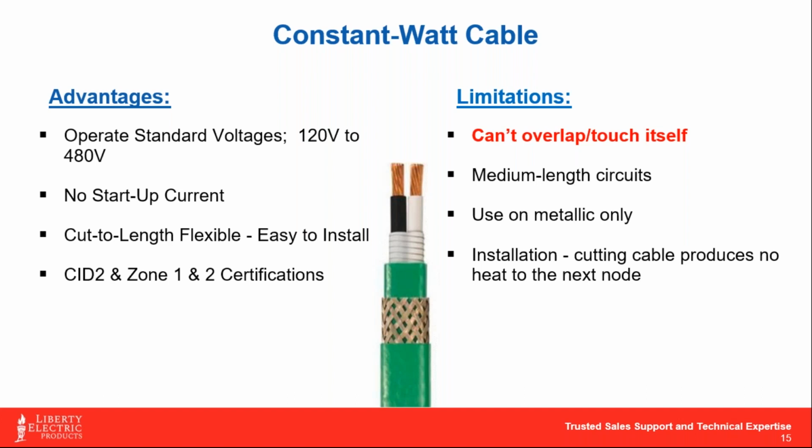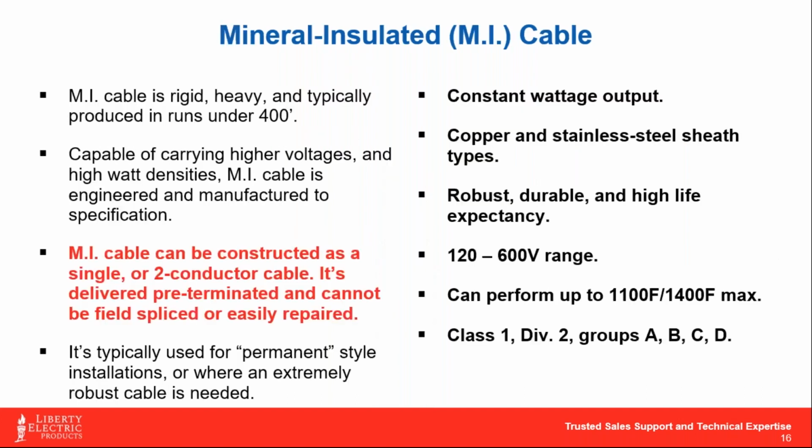Once you get beyond the node, you're creating resistance again, and the rest of that cable length will heat. So it's not really a bad thing. It's really nothing to look at as a negative per se. Yeah, the biggest thing about this as far as a negative is, again, you can't let it touch against itself.